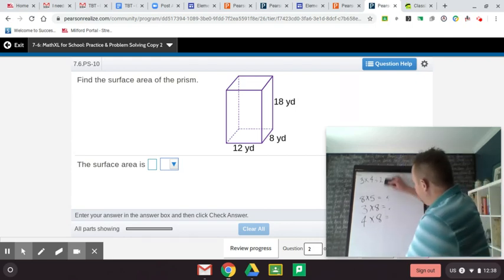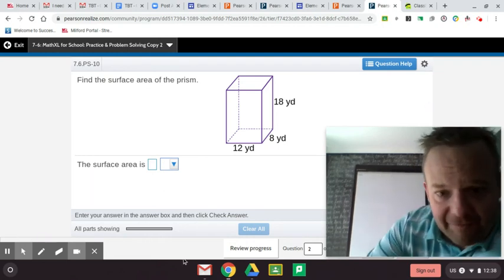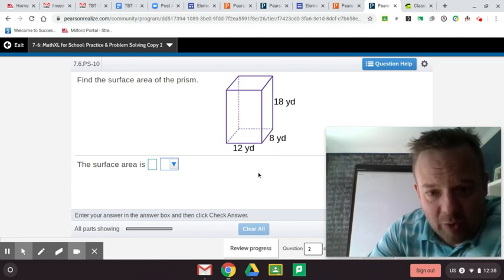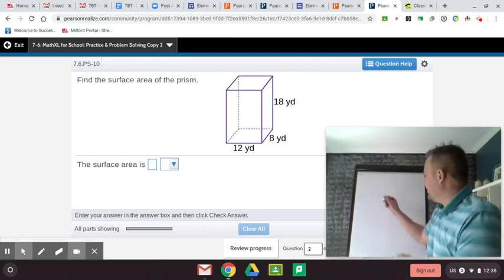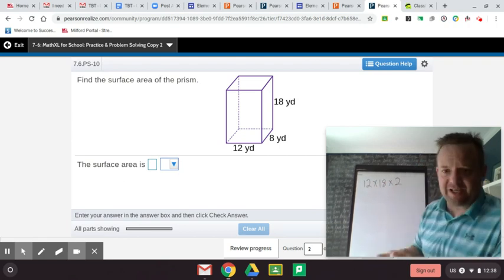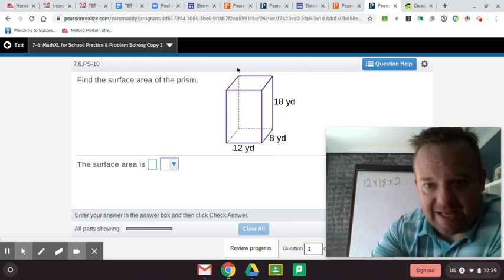Now, let's look at the front face. The front face is, and follow my cursor, 12 times 18. We have two faces that are 12 times 18. So we have 12 times 18 times two of those, because that is the front face, and the back face is also 12 by 18. Now the side face is 8 by 18, and we have another side face that's 8 by 18.